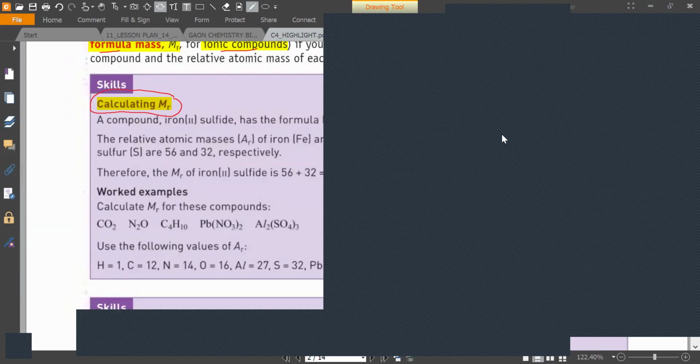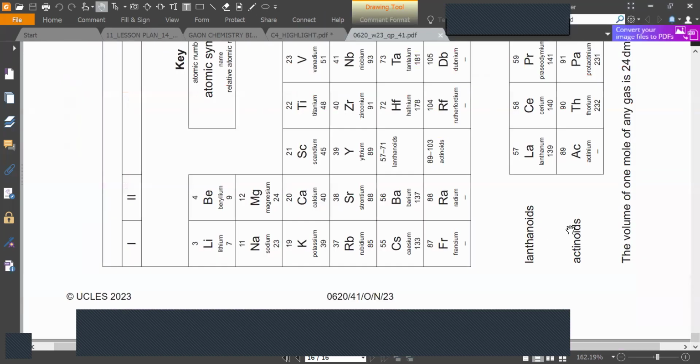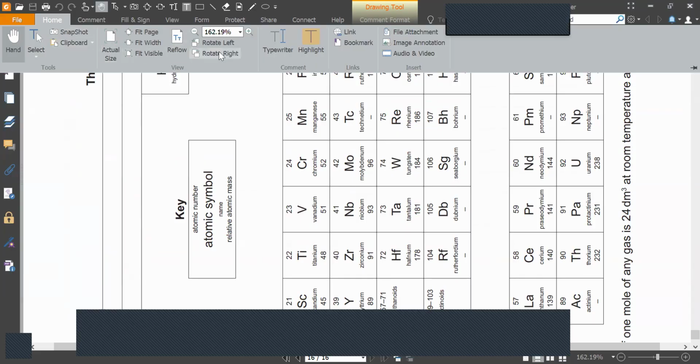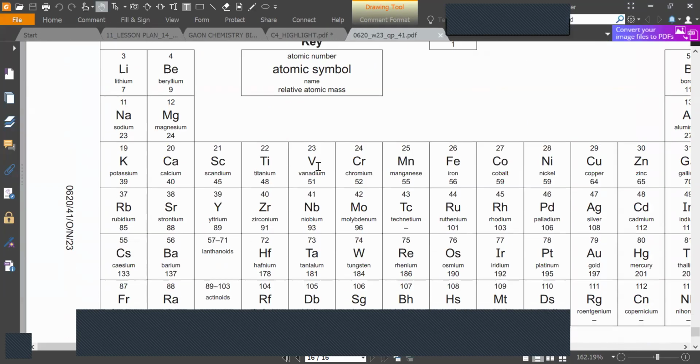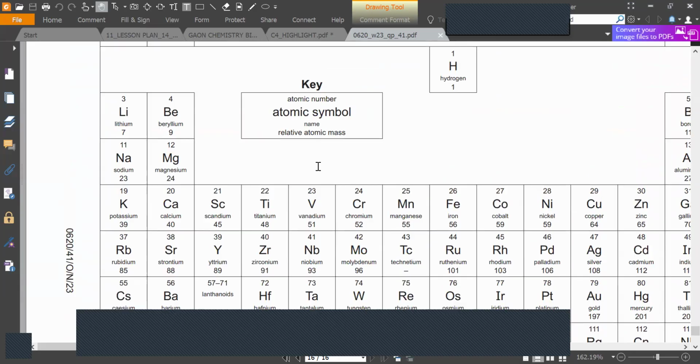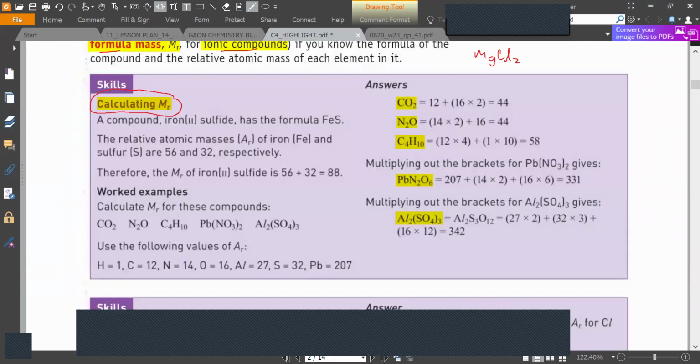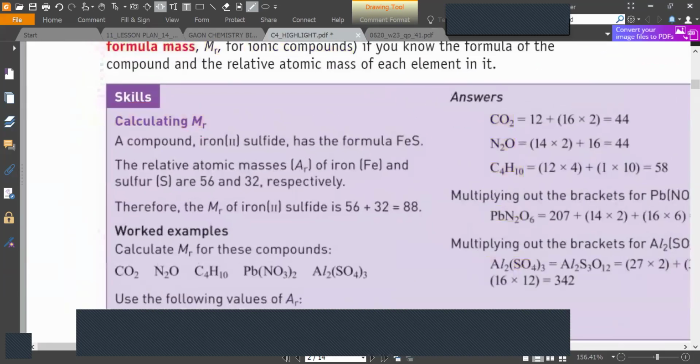We will be provided with a periodic table in the exam, so we can use this periodic table for our calculation. This calculation is very, very easy.